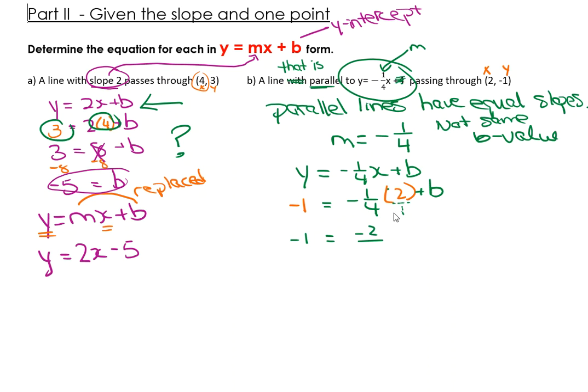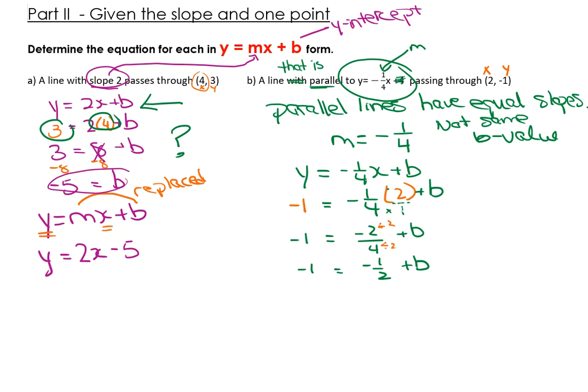Straight across the bottom, 4 times 1, is a 4. And then there's my plus b. So negative 2 over 4 I can reduce because they're both divisible by 2. They're both even numbers, so I'm going to divide top and bottom by 2. And I get negative 1 equals negative 1/2 plus b.